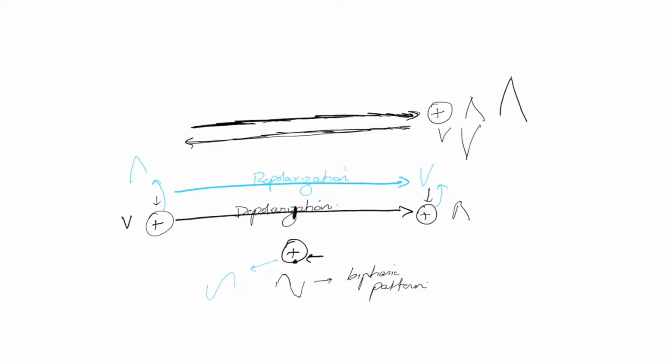All right, very good. Now let's play along with the information that we've just learned. So we still have our three leads, and we already said that if a wave of depolarization goes this way, you have a positive wave, you have a biphasic wave, and you have a negative wave.